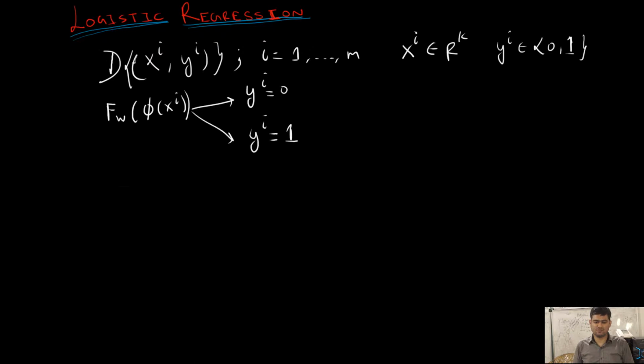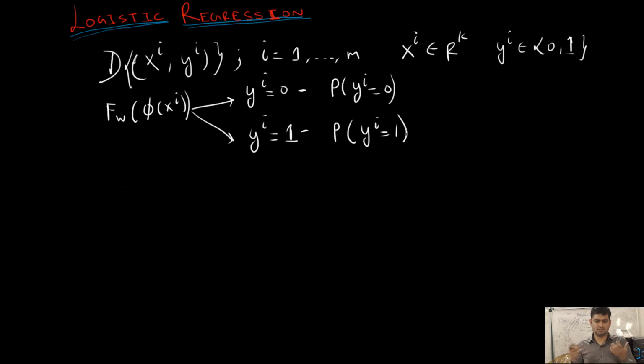So the function f doesn't just output 0 or 1, it learns some quantitative value that represents that degree of belief. It quantifies that degree of belief into y being 0 or y being 1, right? So the function will output the probability of yi being 0 and the probability of yi being 1.